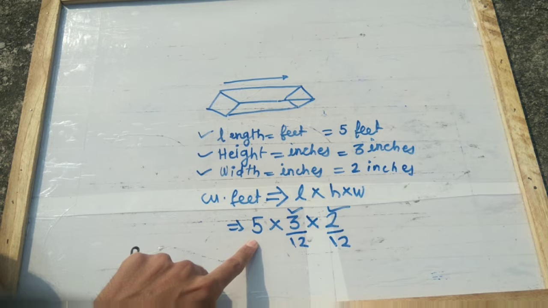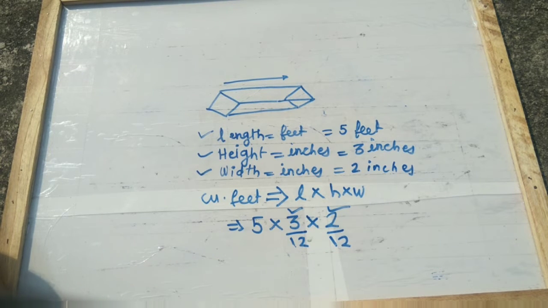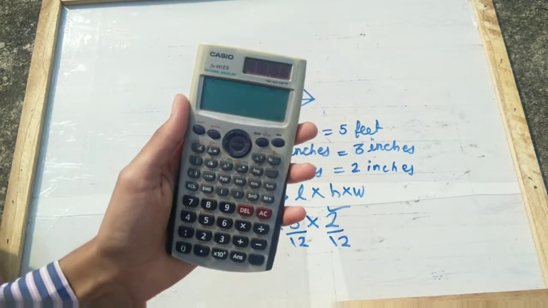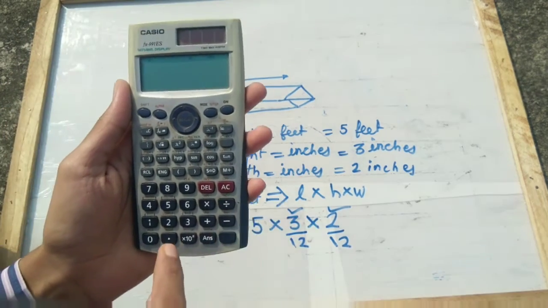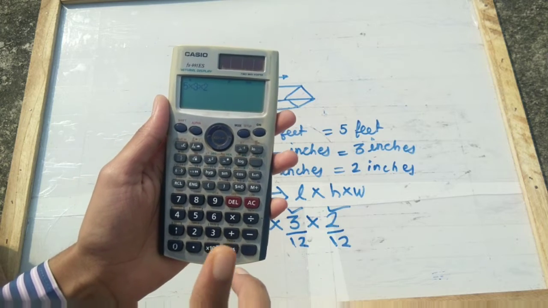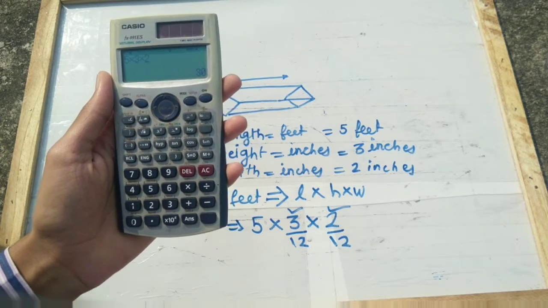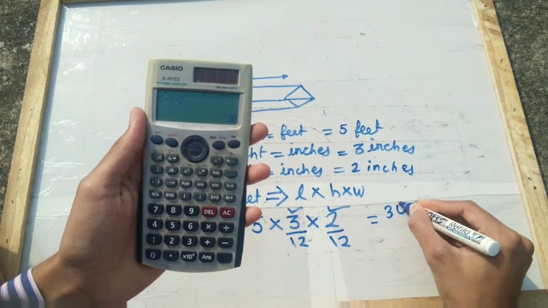Length is also in feet, height and width are also in feet. This is our scientific calculator. Now put numerator values first: 5 into 3 into 2. So friends, we get an answer that is 30.